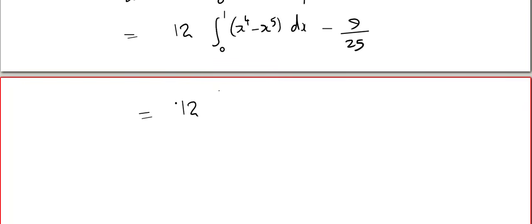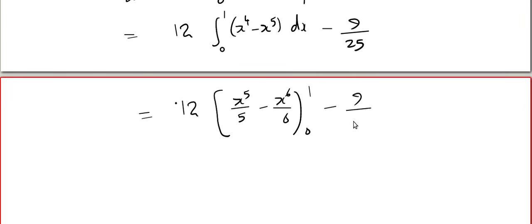That will be 12 times x power 5 by 5 minus x power 6 by 6 within 0 to 1, minus 9 by 25, and that will be 12 into 1 by 30. You can just plug in the limits, it's routine work, and we get 1 by 25.